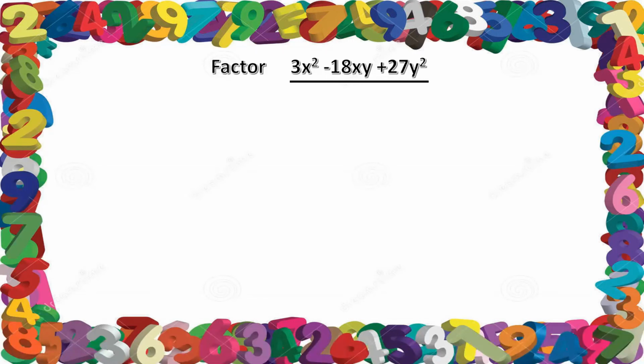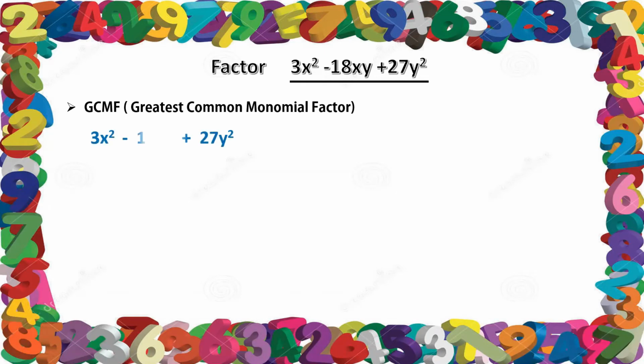But if we factor out first its greatest common monomial factor, like for 3, 18, and 27 only, since there are no common variables, we factor only the numerical coefficients. Then, their GCF is 3, since all the numbers are divisible by 3.